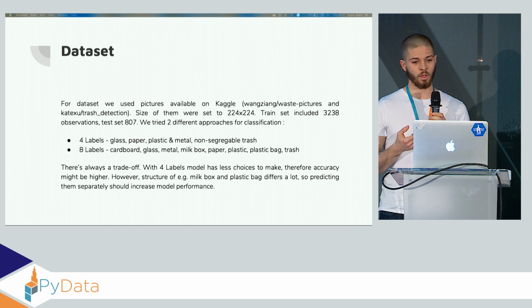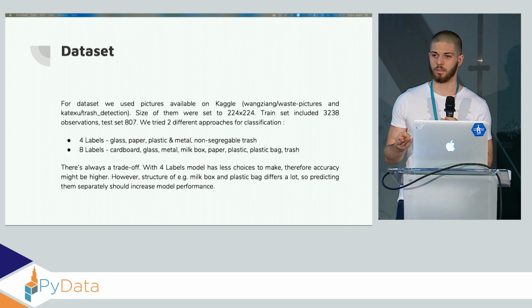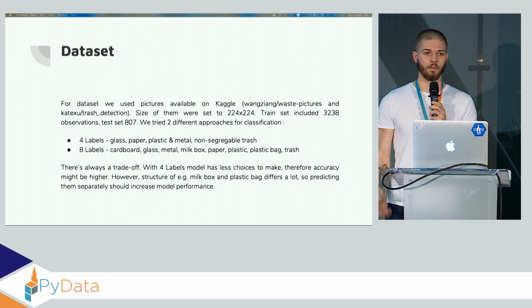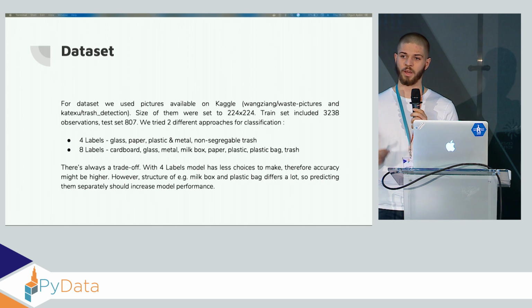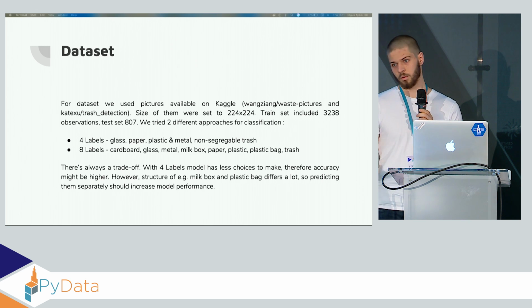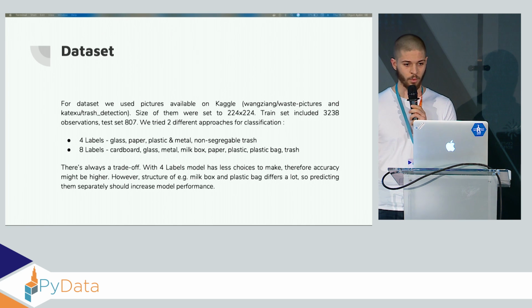For example, the milk box, the plastic bottle and the plastic bag. The structure of those objects is very different, so the model might get confused when classifying all three different objects into one class. That's why we also wanted to try the model with 8 different labels, so that we could merge those labels into one final plastic one.